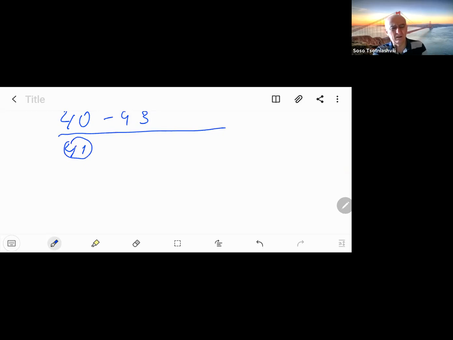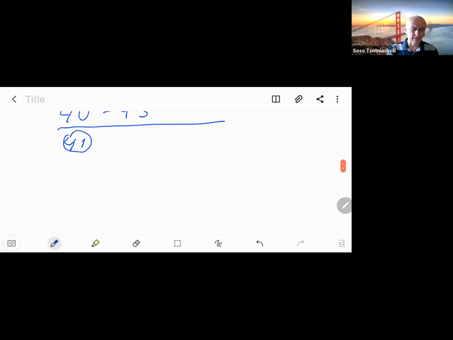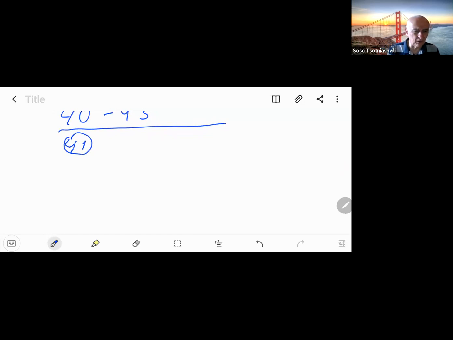By the way, problems which are indicated by a blue number have solutions, and you can find the solutions in the textbook. All blue numbers have solutions or hints or answers.